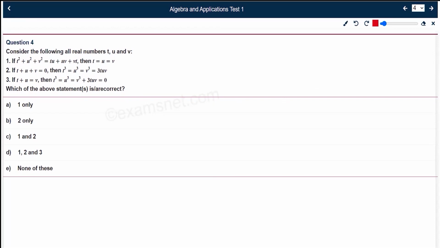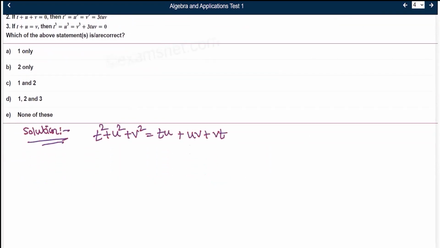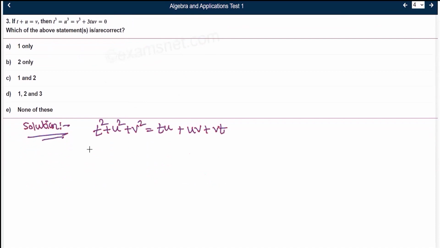Okay, so first we will examine the first statement. Let's write here. It's given t square plus u square plus v square equals tu plus uv plus vt, correct? Now let's take the expression on the right side to the left side.